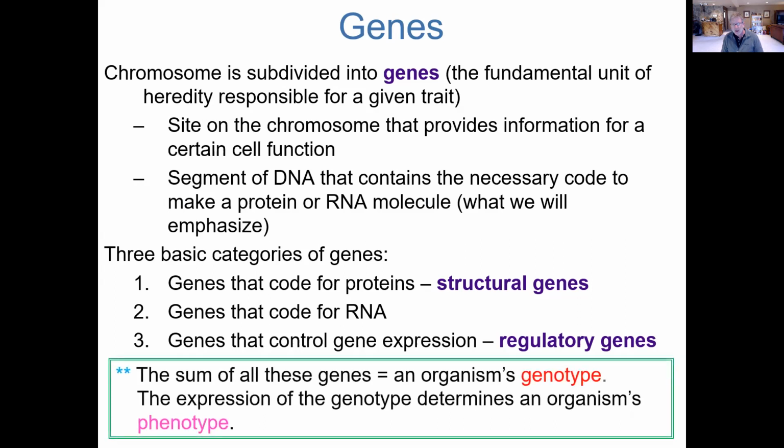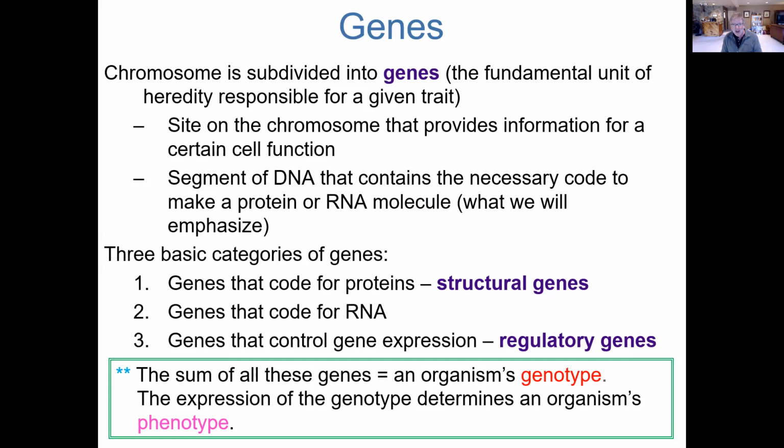Another couple terms we want to define, and that is the organism's genotype and its phenotype. The organism's genotype is a description of all of the genes within the cell. So for example, if you think back to biology in high school, you learned about how eye color is genetically determined, right?